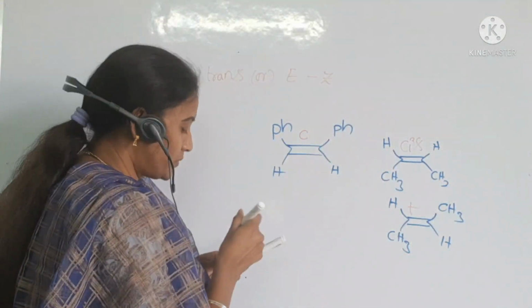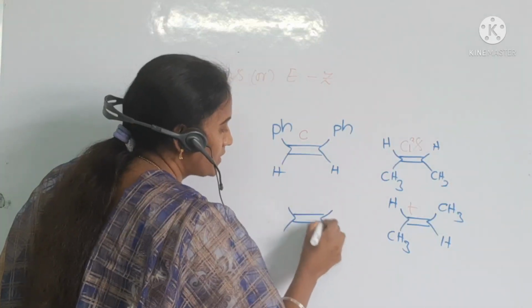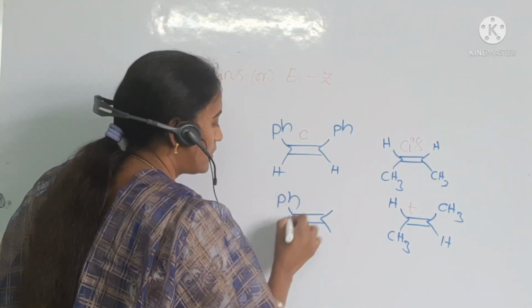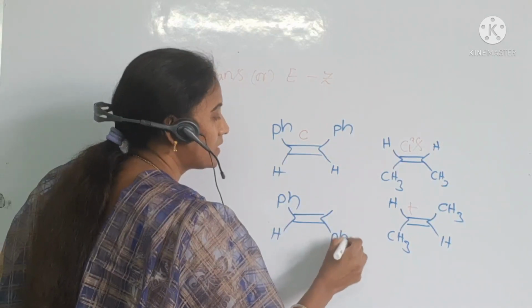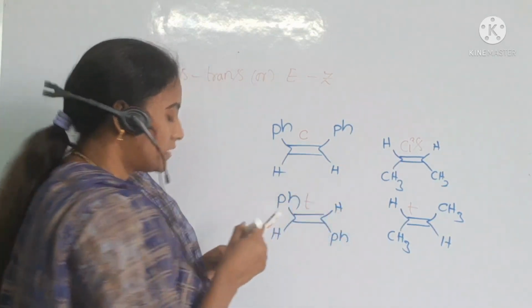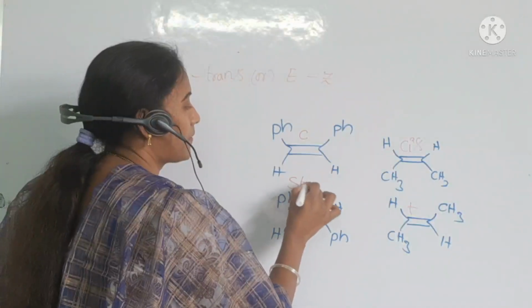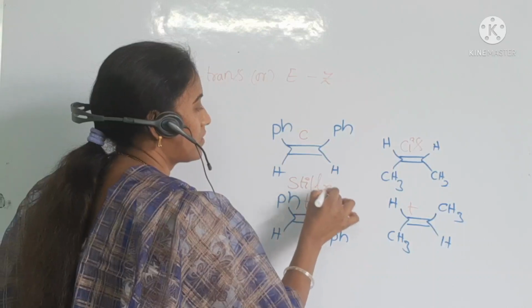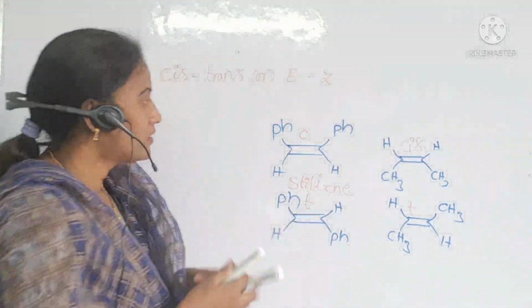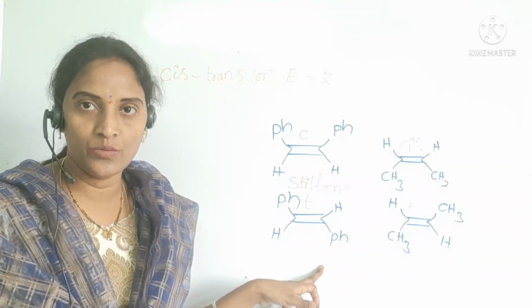If the two groups are on the opposite side of this double bond, that is the trans isomer. What is the name of this compound? This is stilbene, students. This is the cis stilbene and this one is the trans stilbene.